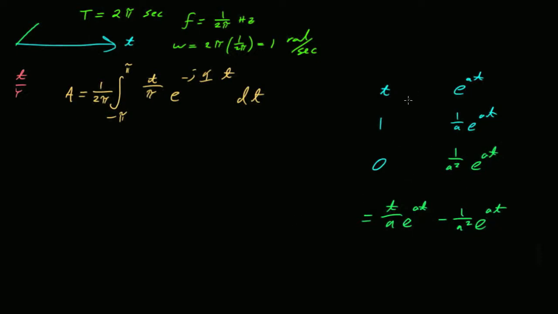Yeah. So first of all, has everybody seen this tabular method? This is basically just a shortcut for integration by parts. So this is the thing that I'm trying to integrate. I break it into 2 pieces. On the piece on the left, every step I take the derivative. And on the piece on the right, every step I integrate. Okay, so t, derivative is 1, derivative of 1 is 0. On the right-hand side, e to the at, integral is 1 over a, e to the at.